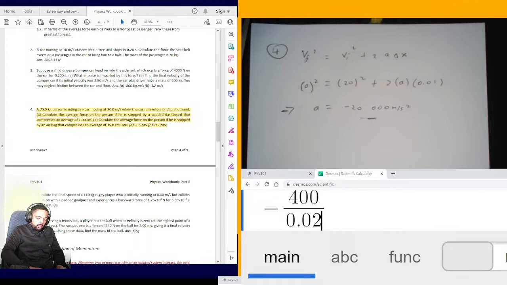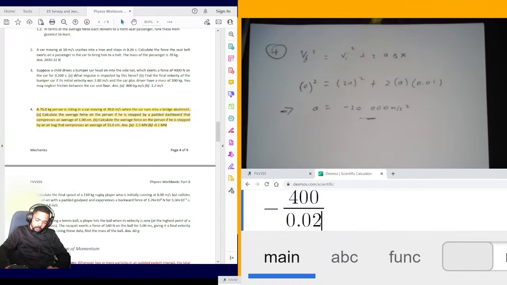Okay, now we can also calculate the time it takes you to stop, because you have the information to calculate it. You have the acceleration and the initial and final speed, so you can calculate the time it takes you to stop.